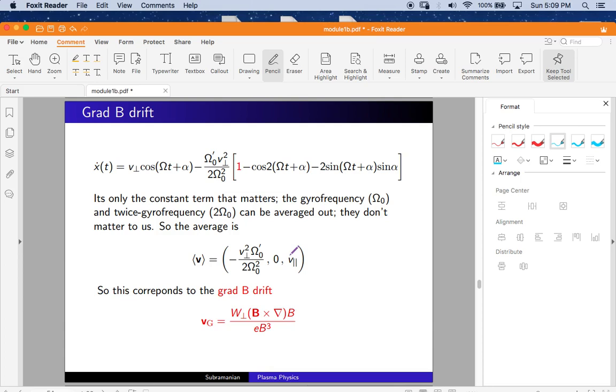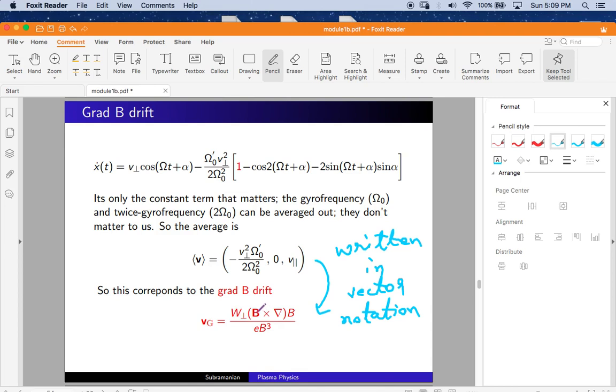So this corresponds to the famous grad B drift, and this is the same thing written in vector notation. I'll explain what this is.